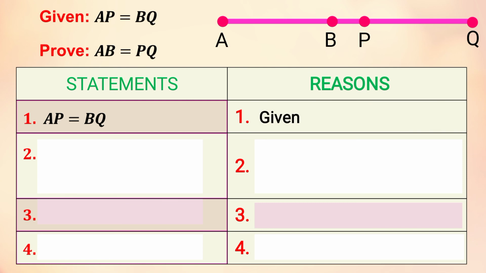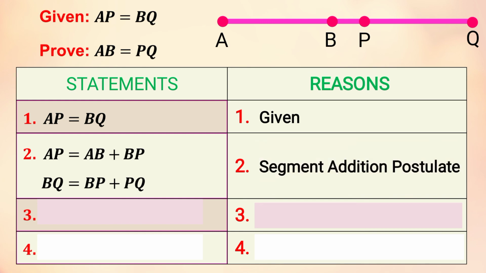For the second statement, based on the figure, we observe that AP is equal to AB plus BP, as well as BQ is equal to BP plus PQ. And the reason for this is the segment addition postulate.